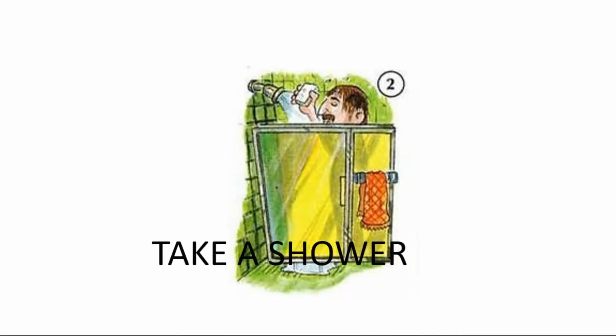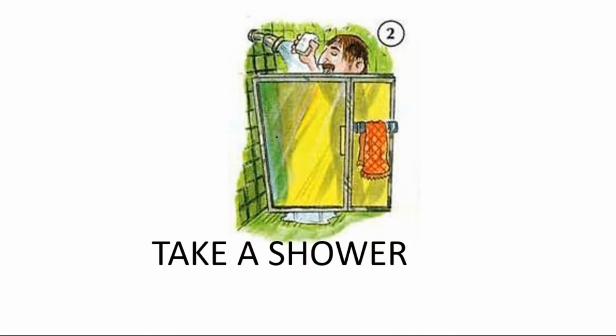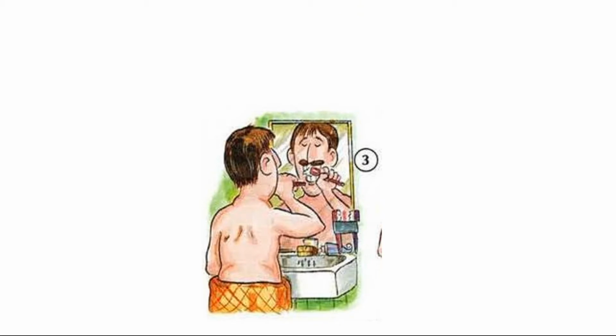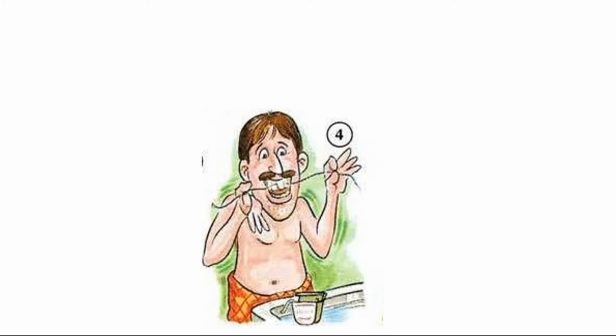So, here is the verb get up. The second one is take a shower. In this picture, what does the man do? Every day he brushes his teeth, right? So, do you brush your teeth after lunch, after your meals?